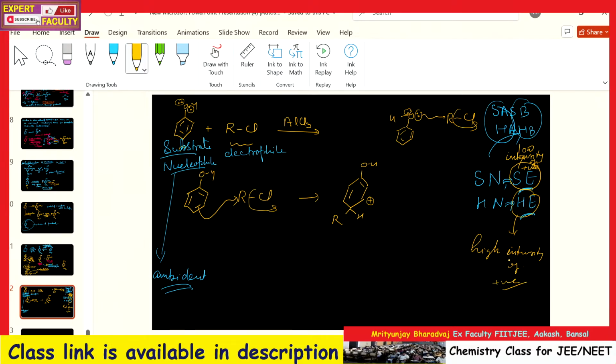When it comes to soft nucleophile and hard nucleophile, soft nucleophile has low intensity of negative charge; the donor atom is less electronegative. And hard nucleophile means a more electronegative donor atom.